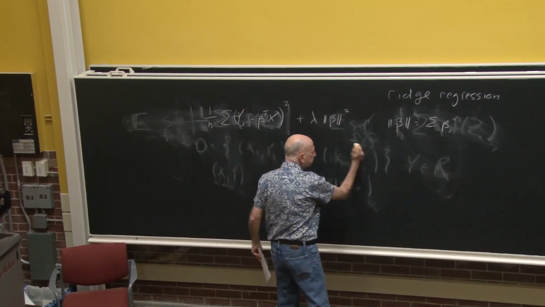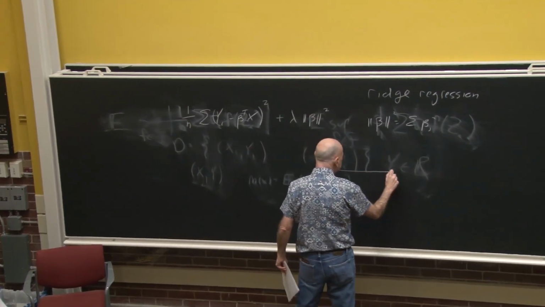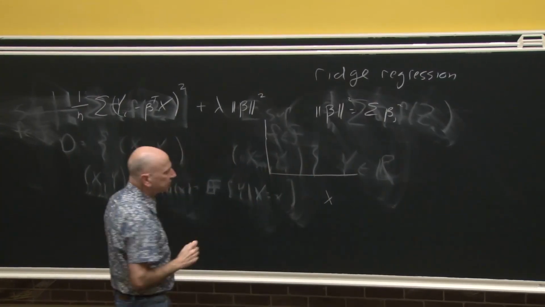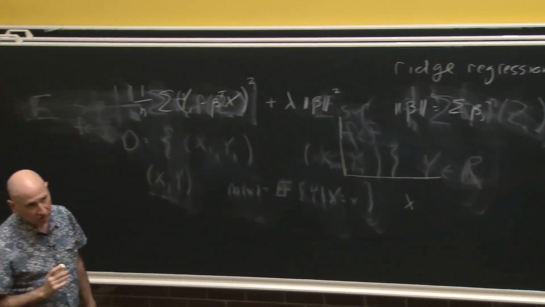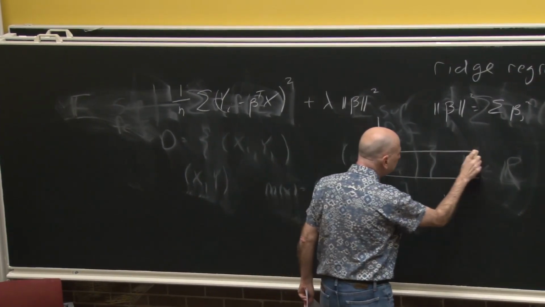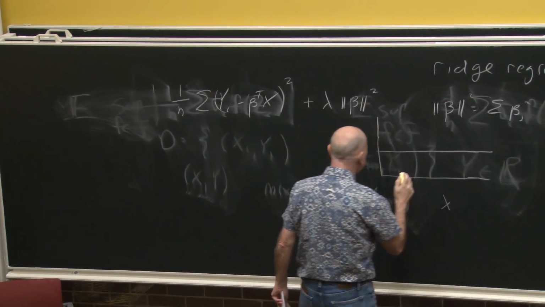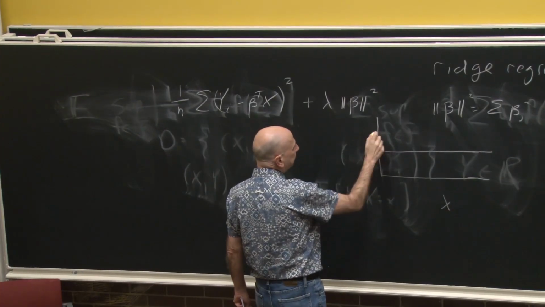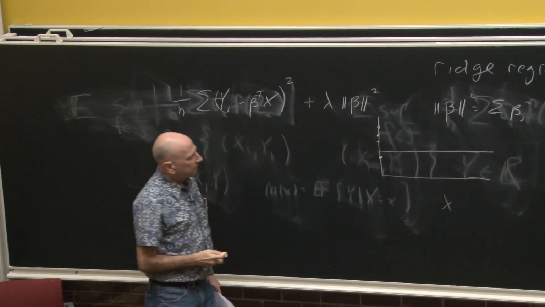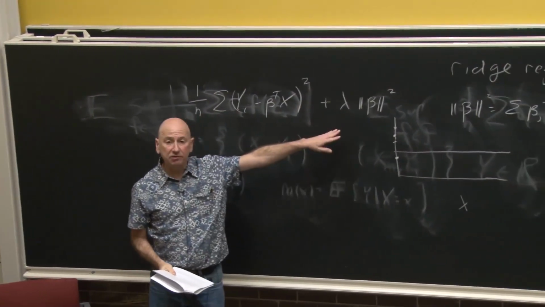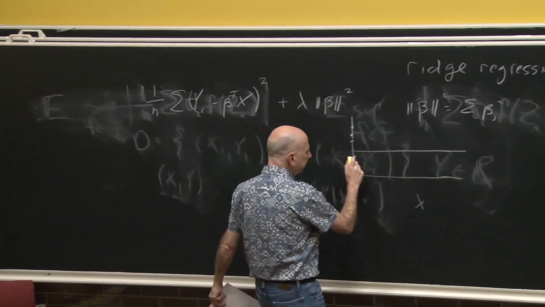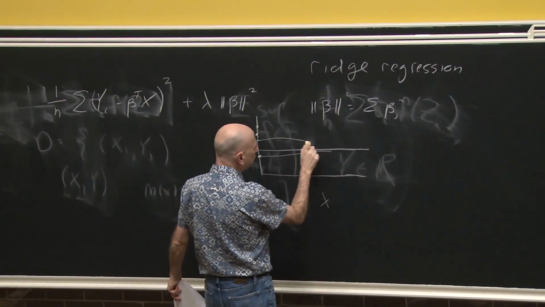A typical picture would look like this. Suppose for the moment that d is less than n, so the least squares solution was well defined. When lambda is 0, we get beta 1 hat, beta 2 hat, beta 3 hat, beta 4 hat, the least squares solution. Then as I increase lambda, these all shrink towards 0.